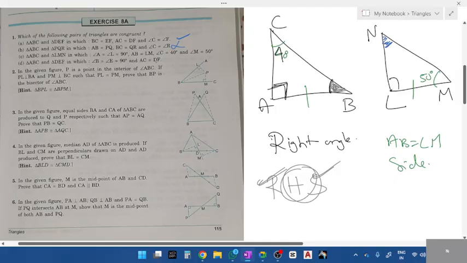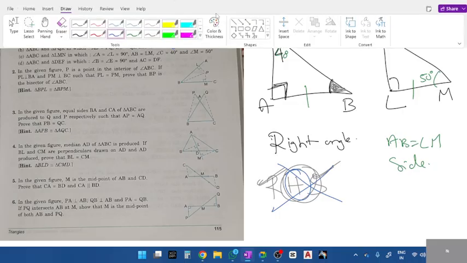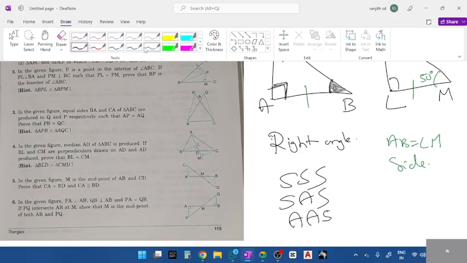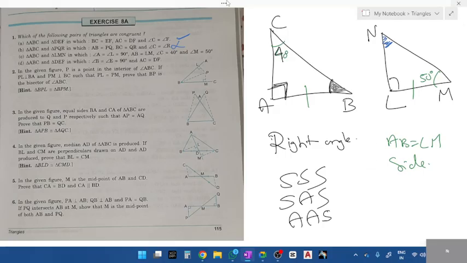CB and NM. Have they told that CB and NM are equal? Is it congruent under RHS when the hypotenuse is not given? Is the hypotenuse value mentioned? So it is not congruent under RHS, students. What are the other combinations you will have to check? Side, side, side; side, angle, side; angle, side, angle. These are the combinations you will have to check.